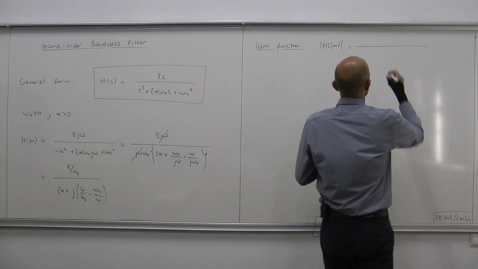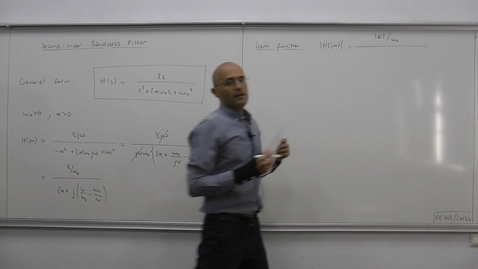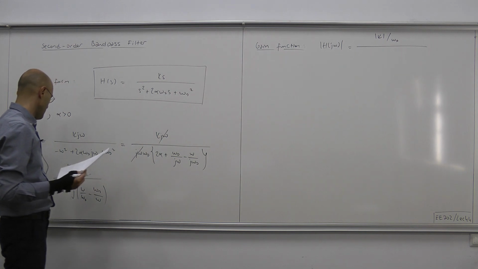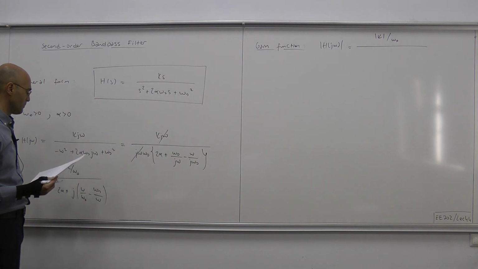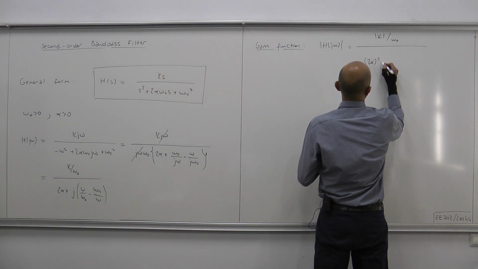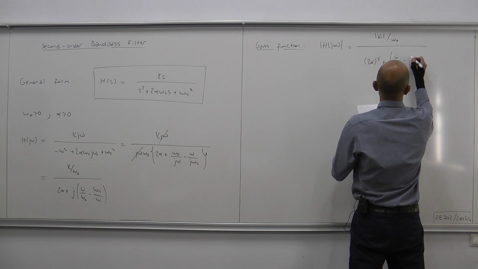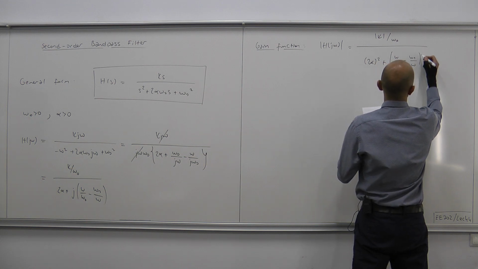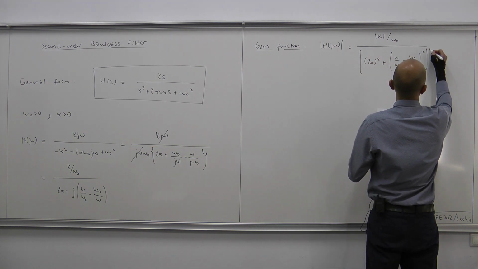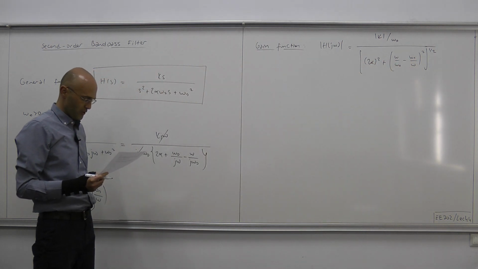So for the numerator we write the absolute value of k over omega 0. As for the denominator, which is a complex number, the magnitude is the square root of 2 alpha squared plus omega over omega 0 minus omega 0 over omega squared, taken to the power 1/2. Okay, so that's our gain function.